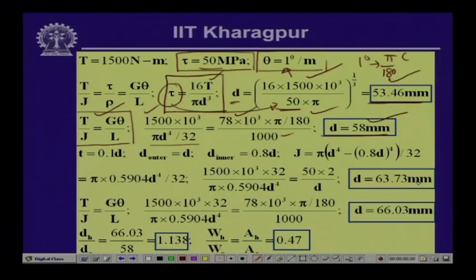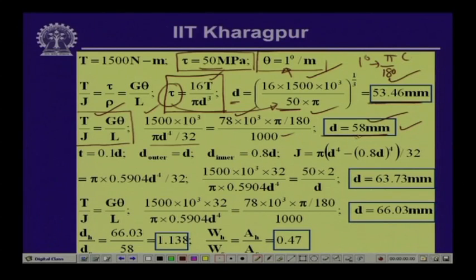If we select the lower diameter, then it will satisfy the stress criterion, but it will fail in the rotation. If we take the higher diameter, which is necessary for the twisting angle, then it will satisfy both criteria. Hence, the higher diameter is to be selected. So, the selected diameter in this case will be 58 millimeter.